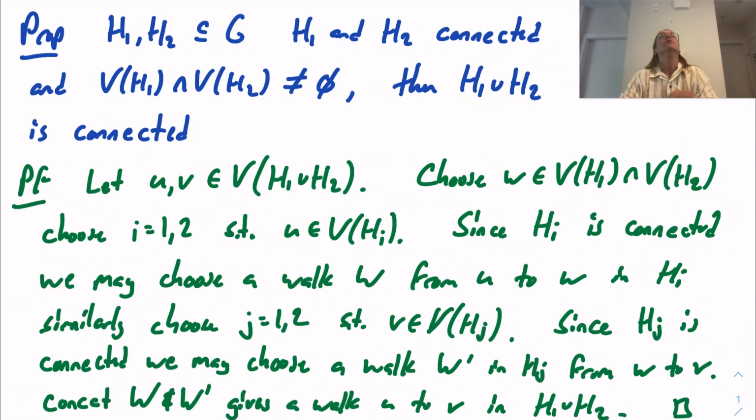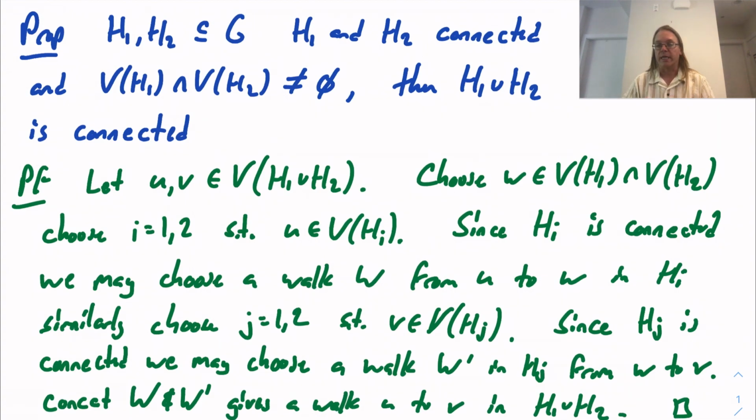Why are we done? Right? Well, we have taken an arbitrary pair of vertices U and V from our subgraph H1 union H2, and we've shown that there's a walk from U to V in H1 union H2. If you wanted to be very formal and proper at this point, you would say, because U and V were arbitrary, there's a walk between any pair of vertices in H1 union H2, and therefore H1 union H2 is connected.